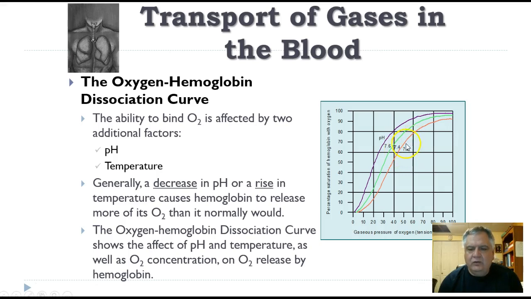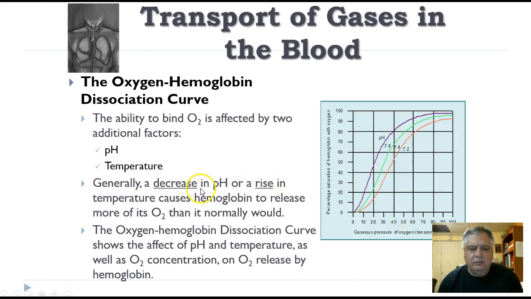What's happening is, at 7.4, for example, if a tissue has a pH of 7.4, then the gaseous pressure of the oxygen is only about 40 millimeters of mercury. But look, if the pH is a little bit lower, now the gaseous pressure is about 50 millimeters of mercury right here. So what's going to happen?